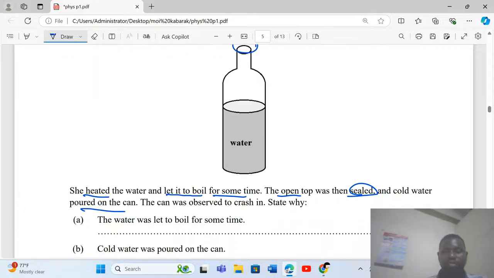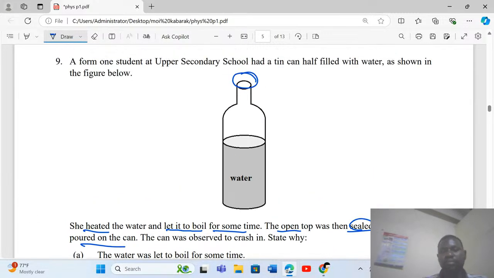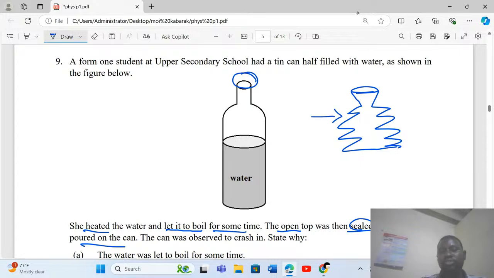The can was observed to crash. So in this case, after you lock it, we expect the can to crash in this manner. And this is brought about by the issue of trying to balance atmospheric pressure and the pressure inside the can.